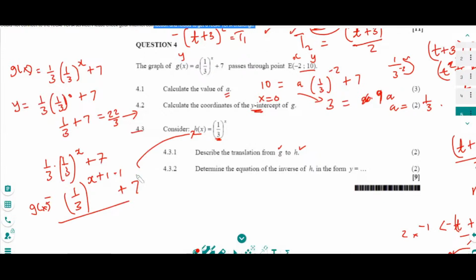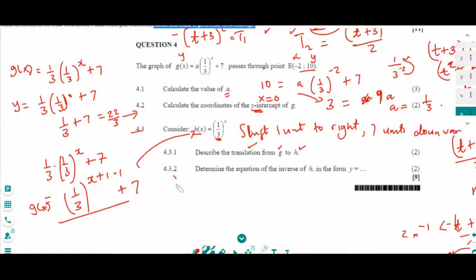Okay, and then the 7 will be shifted downwards. So we shift the graph 1 unit to the right, and then 7 units downwards. So that is the transformation that took place.